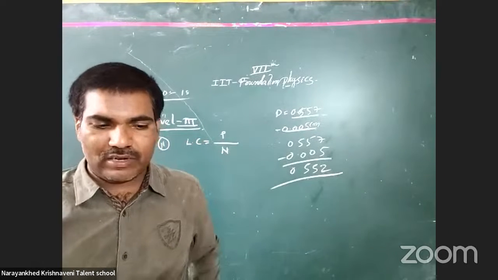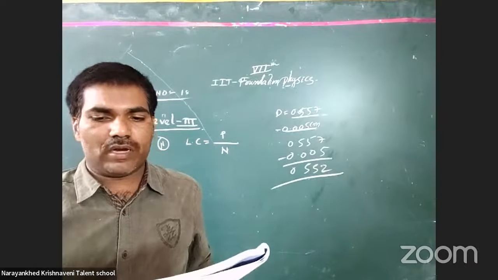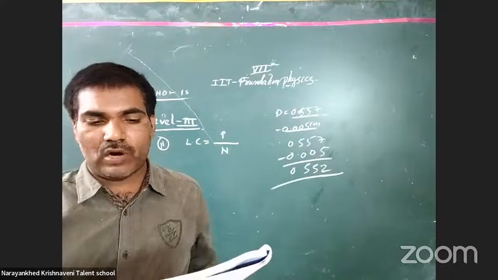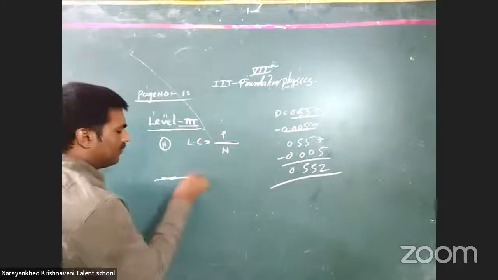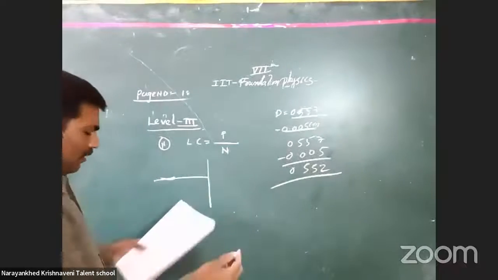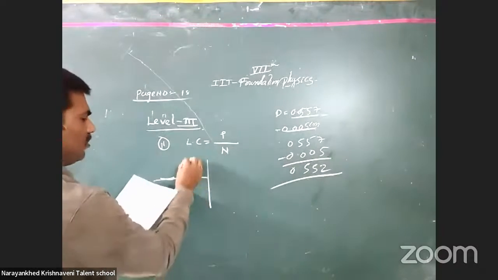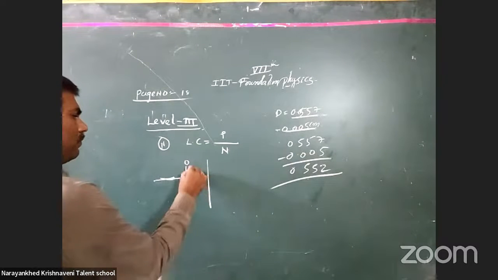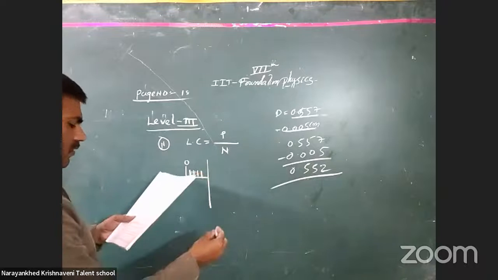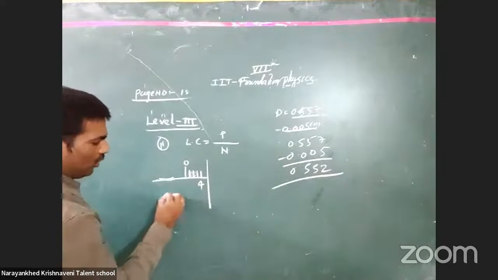Question 13, the figure is given here. In that figure, you have to find out the diameter of the wire. What are the readings there? This is the axis they have given, and on it our head scale division coincides with 0. The main scale reading is how much? 4 mm.